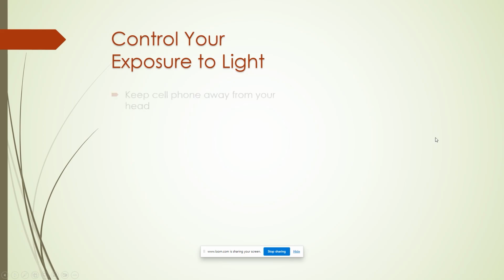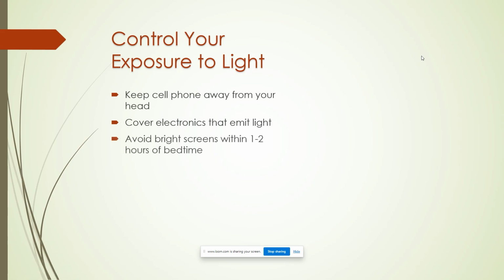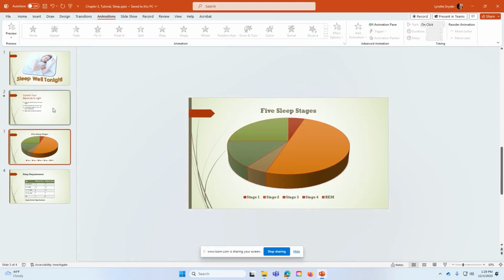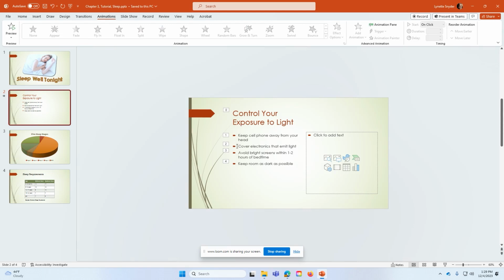If I click one time, I have one bulleted item come in. I have to click another time to get item number 2, then click a third time to get 3, and so on. Each one is entering the slide on mouse click. Okay, that's what we're going to change in the next step.